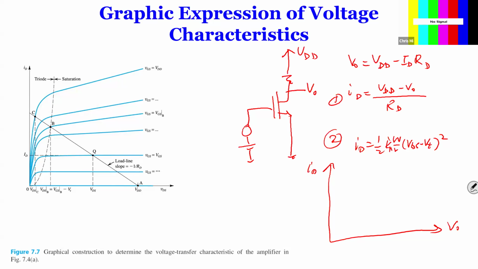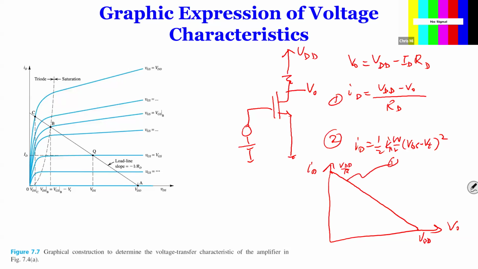So if VO is 0, we get ID equal to VDD over RD. So it's just linear. And for ID equal to 0, we get VO equal to VDD. So that's the first equation.